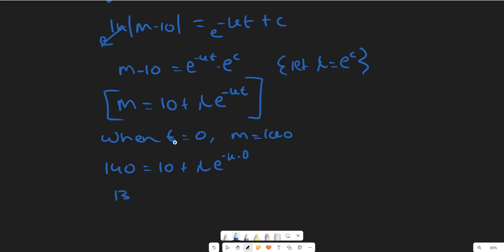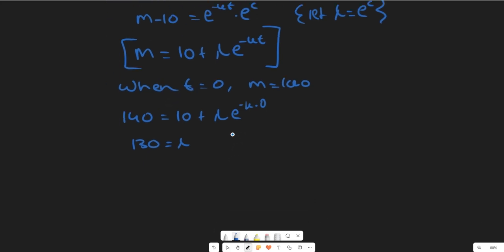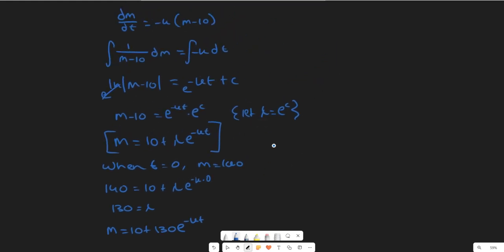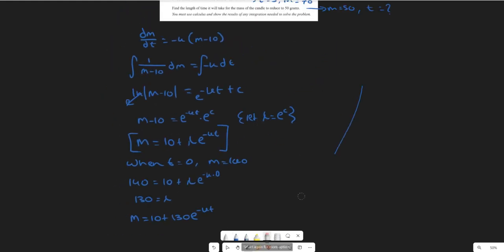And so 130 is equal to lambda times e to the 0. Now e to the 0 is just 1, therefore 130 is lambda, which is the difference. So we can now write M is equal to 10 plus 130 e to the negative kt. Right, one variable down. And let's go to our next point here.